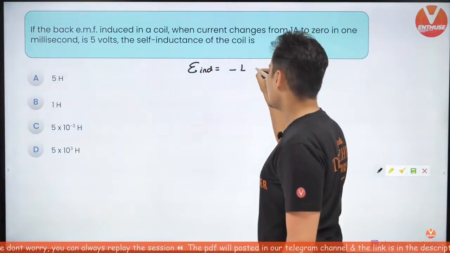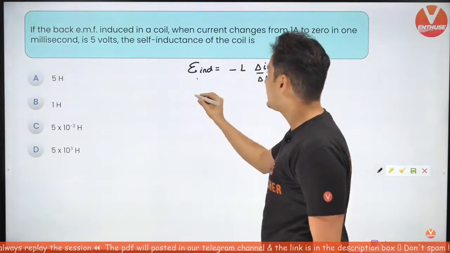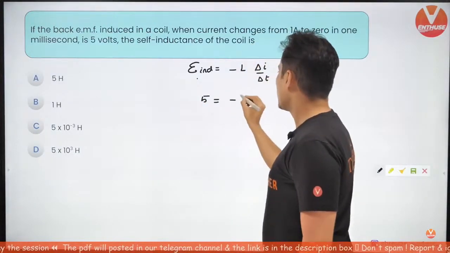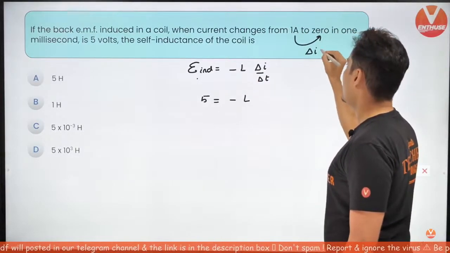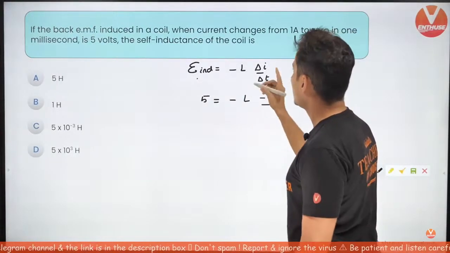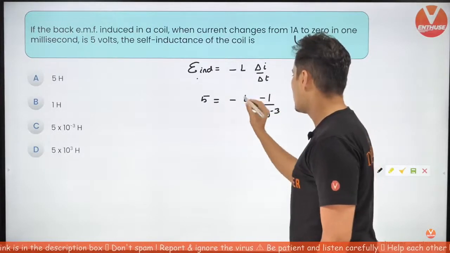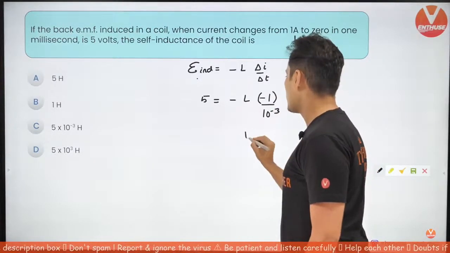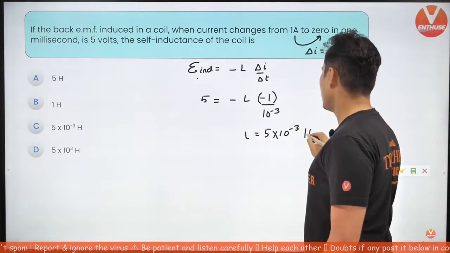I think you have to use minus L di by dt. The EMF is 5 volts, minus L, change in the current from 1 to 0. So delta I will be minus 1, in a time of 1 millisecond, so 10 to the power minus 3 seconds. Minus minus will cancel. So L will be 5 into 10 to the power minus 3 Henry.